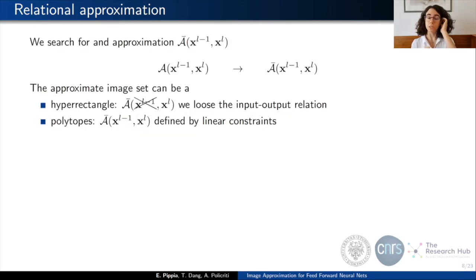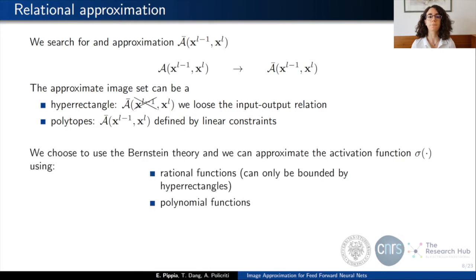What we want to do is approximate the set A with a set A bar defined with linear constraints. It could be a hyperrectangle, but in this case we lose the input-output relation, or it could be a polytope, so in general a convex polytope with linear constraints.